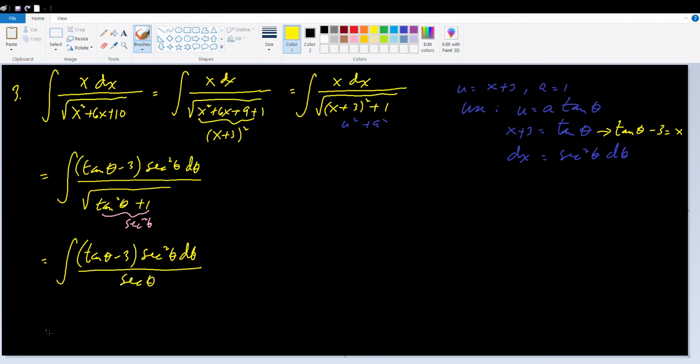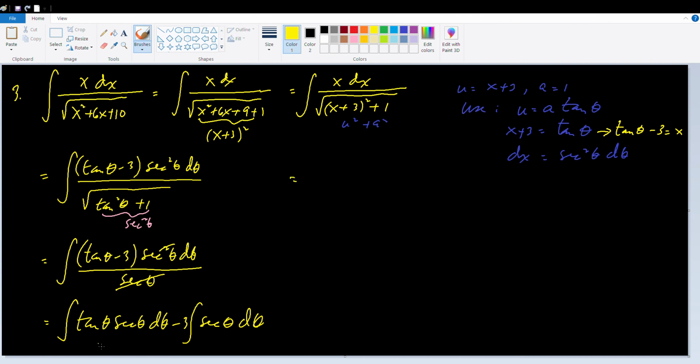So, excuse me, we can cancel secant theta and then distribute secant theta d theta: the integral of tangent theta secant theta d theta minus the integral of 3 secant theta d theta.